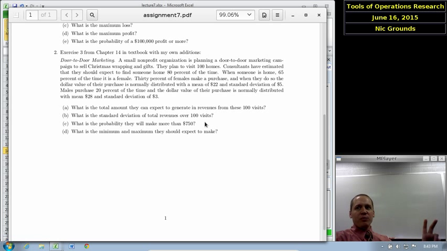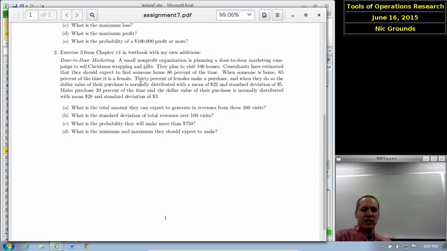If somebody is home, you're then going to compute the probability that they are a female versus a male, okay? Given that they're, say, a female, you're going to compute the probability that they actually buy something, whatever you're selling, and how much money they'll spend. If the person home is a male, there's a different distribution for whether or not they buy and how much they spend, okay?